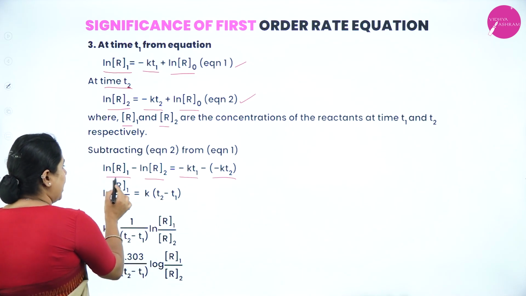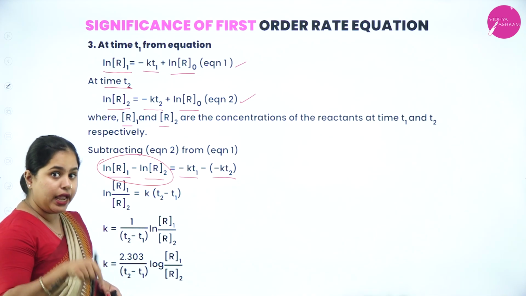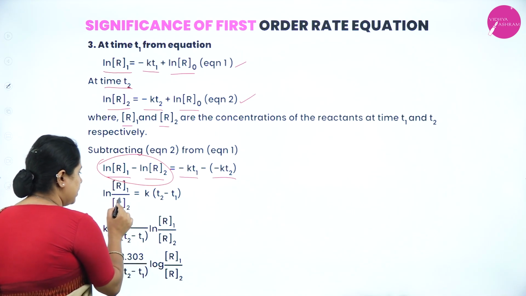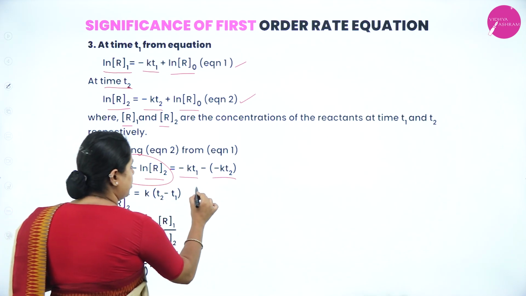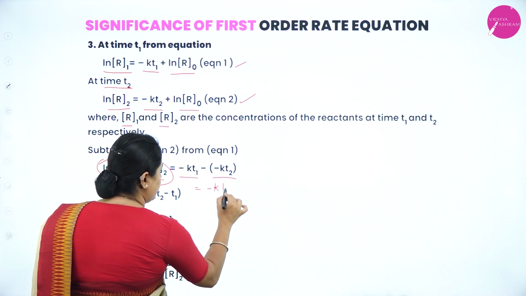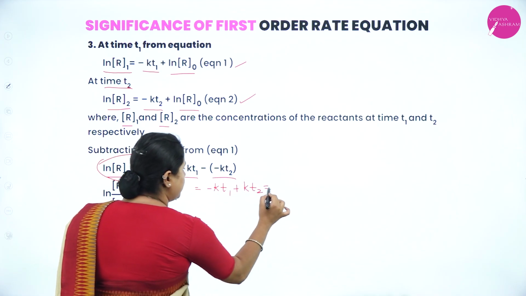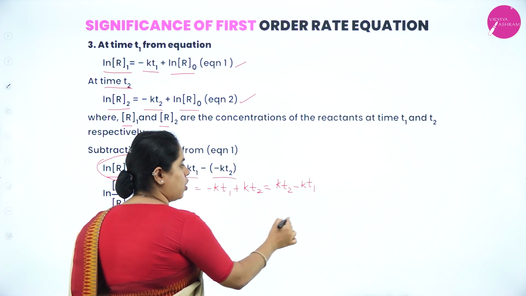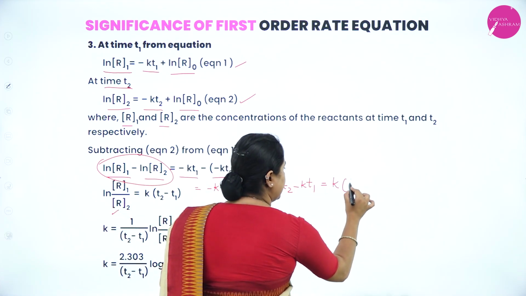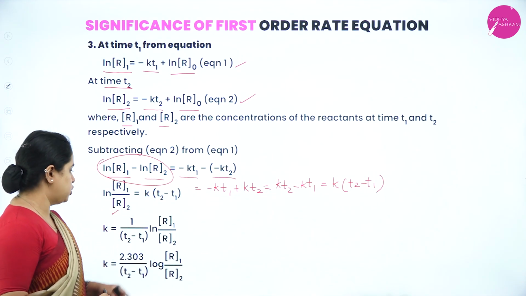So again this is in the format of ln A minus ln B, that is ln A by B. So you will get ln R1 by R2 is equal to minus kt1 plus kt2. So it is kt2 minus kt1. In this, what is common? K is common. So you can write it as k into t2 minus t1, right? So that is what is written here, k into t2 minus t1.